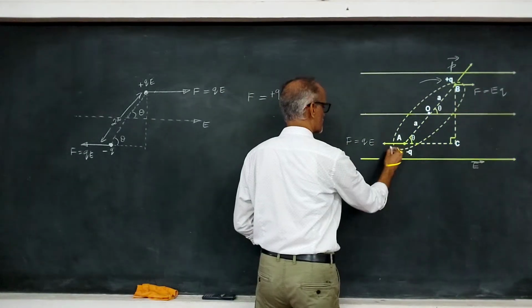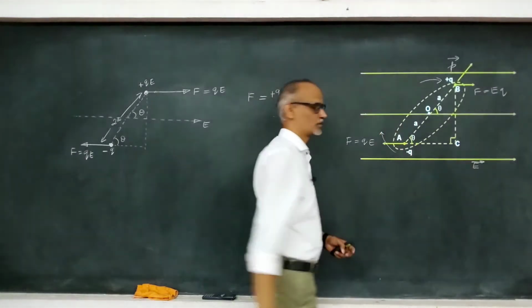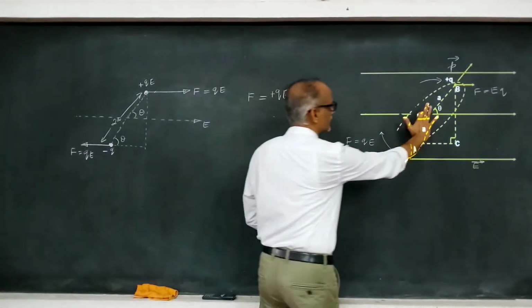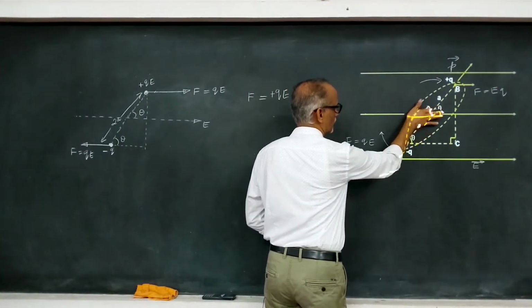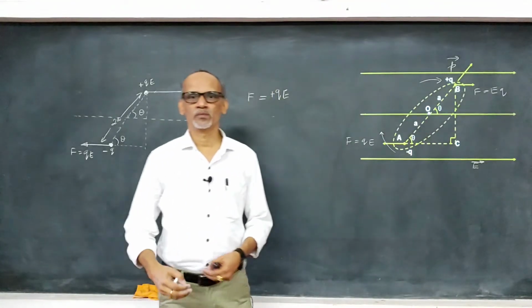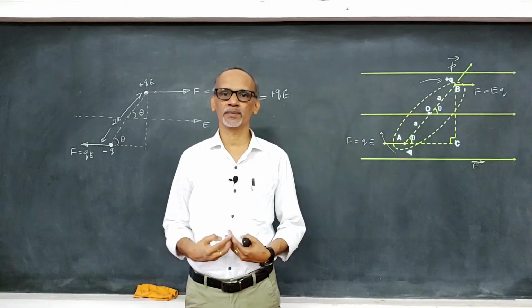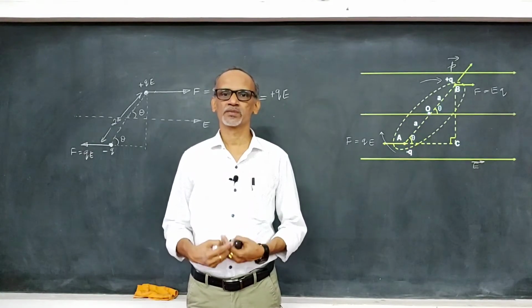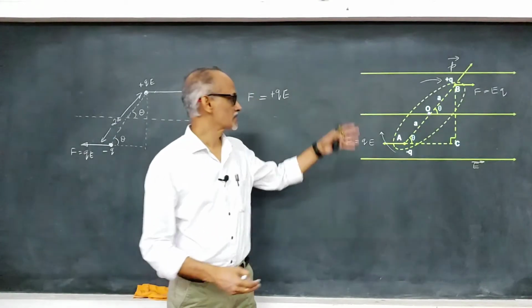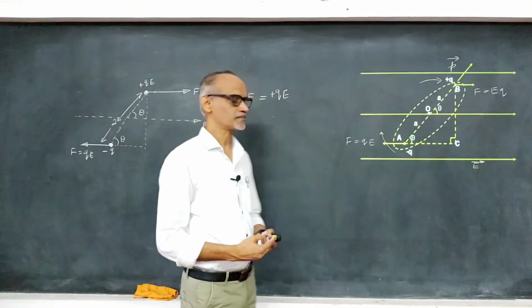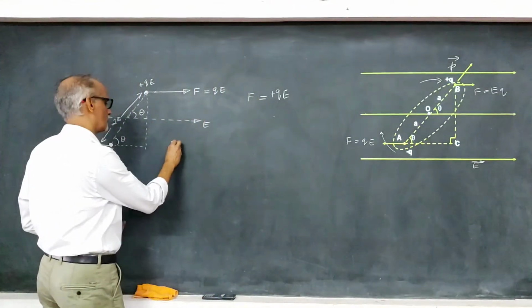This force also tends to rotate the dipole in the clockwise direction, due to which this entire dipole rotates. And what do we call the rotational effect of the couple? That is called moment of the couple or moment of force. And that is what we are going to calculate in this entire derivation.